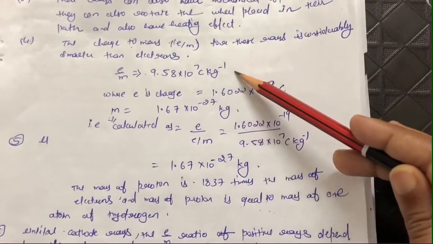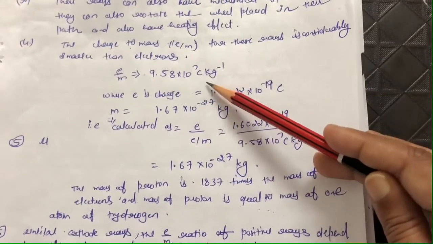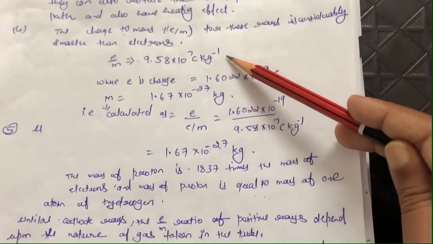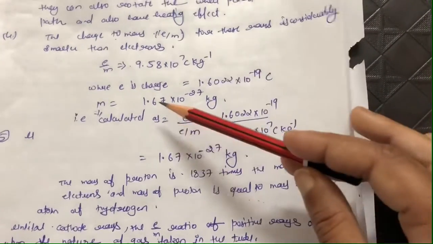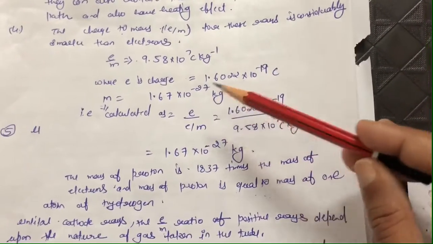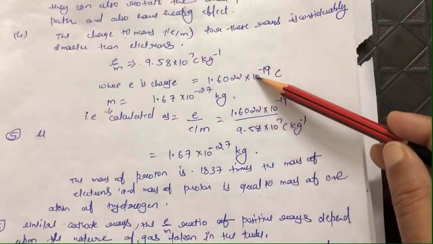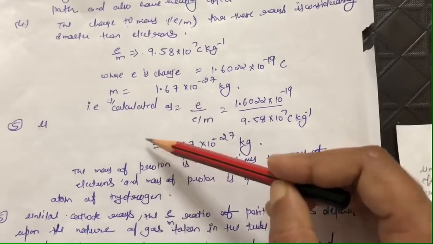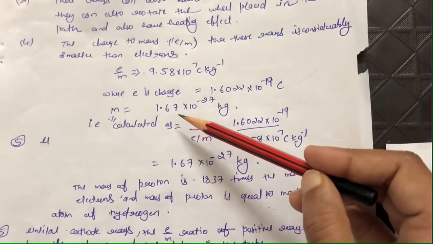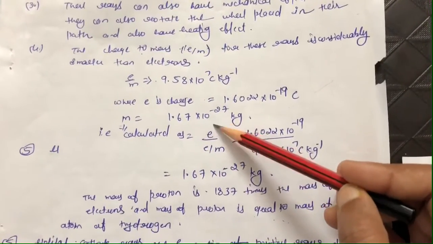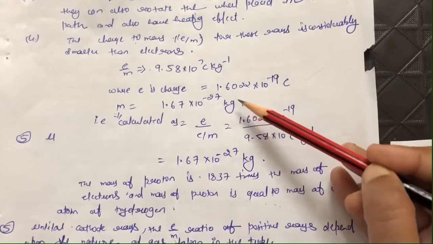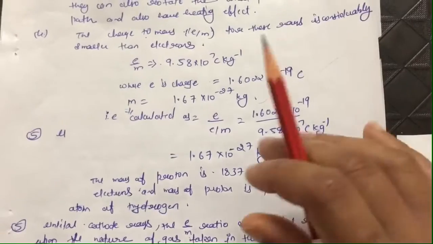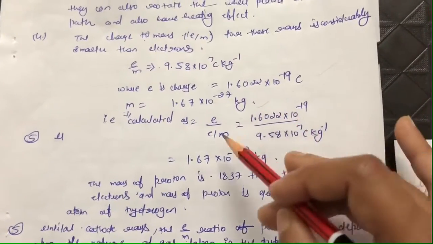Here you can see its value is 9.58 × 10^7 coulomb per kilogram, where e is the charge, that is 1.602 × 10^-19 coulomb, and the mass for the proton we are taking is 1.67 × 10^-27 kilograms, and that is for a single proton.